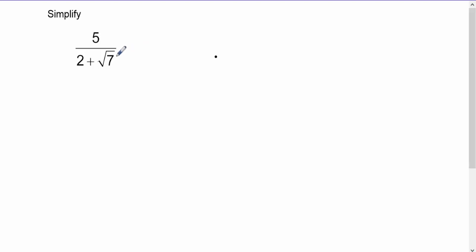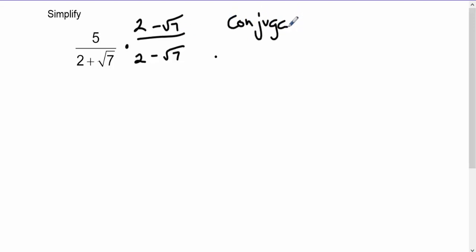In a case where you have a binomial or two terms down in the denominator, we're still going to want to rationalize, but if we rationalize by something we call the conjugate, which is the same first term, 2 and 2, opposite of the second. We had a positive root 7, now we have a negative root 7.